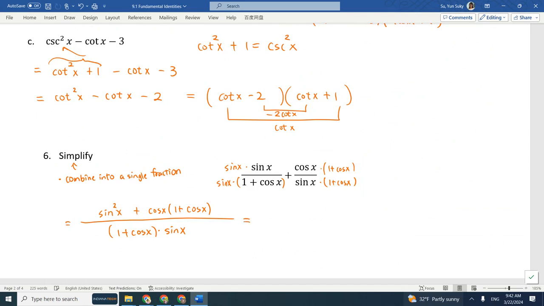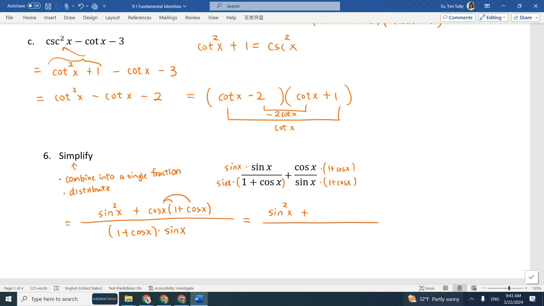Now what can we do? Distribute. Next, distribute and see if you can combine the like terms to simplify. Let's distribute. We have sine squared.